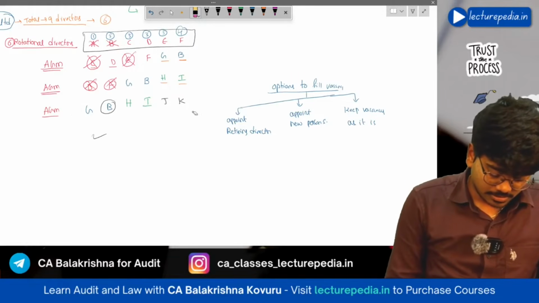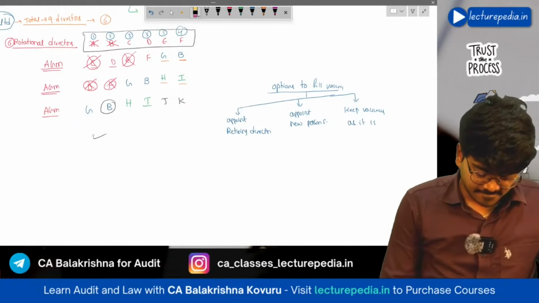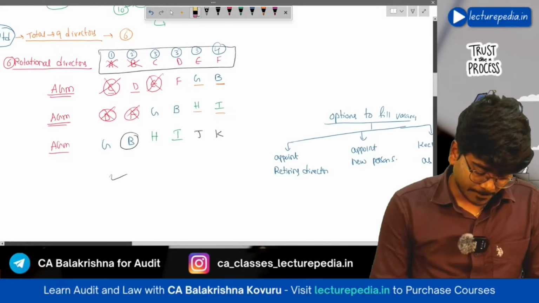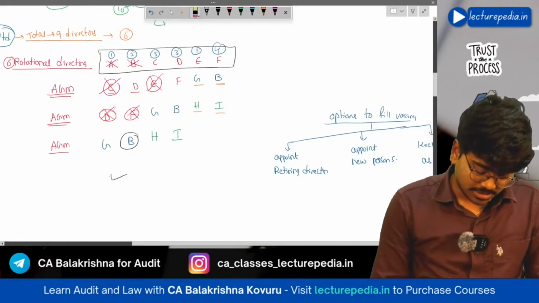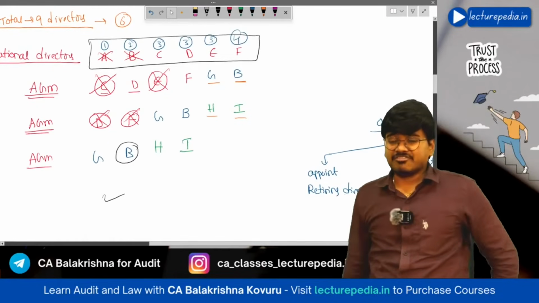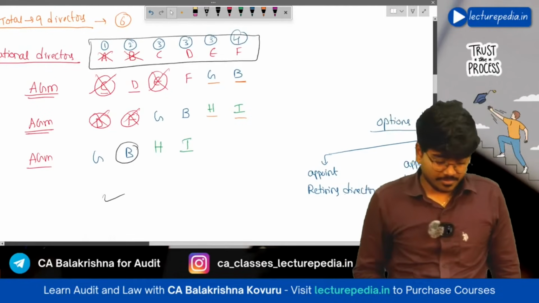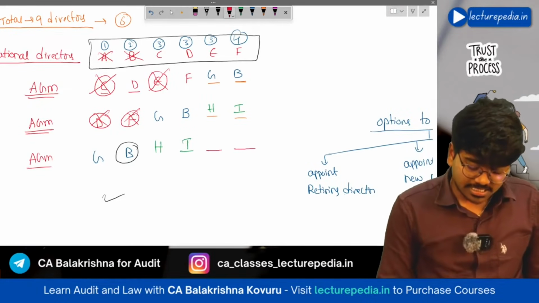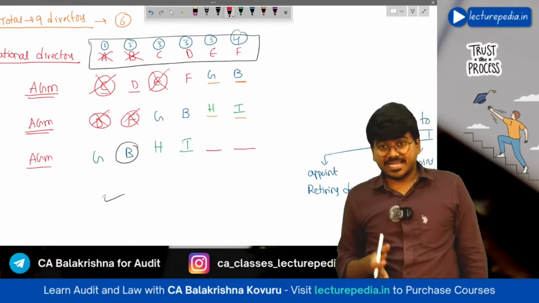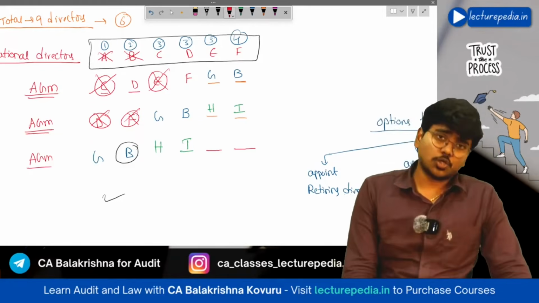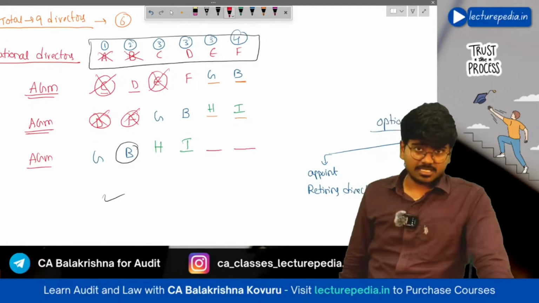Here at last J and K are there, right? D and F, they have retired, right? Now the positions of Mr. D and Mr. F are vacant. Those positions have to be filled by shareholders in the annual general meeting, right?